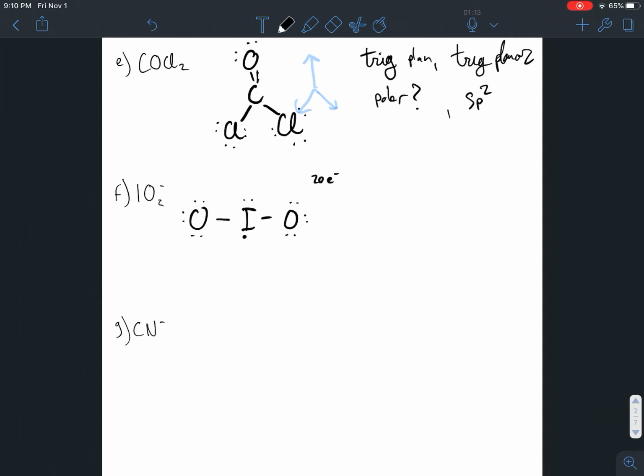Okay, so iodine has the 7 electrons, 2 in the bonds, 2 in the lone pairs, 2 in the bonds, 1 in the other lone pair. And oxygen has its 6, and it has an additional one because it's a negative charge. So it's there.